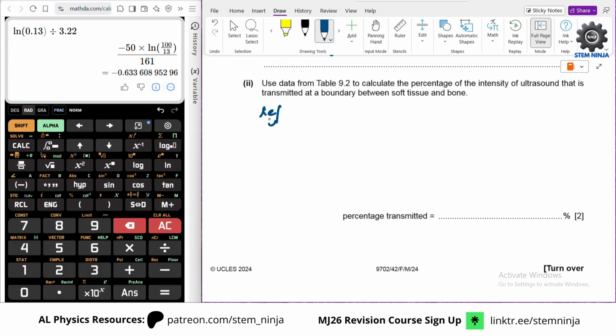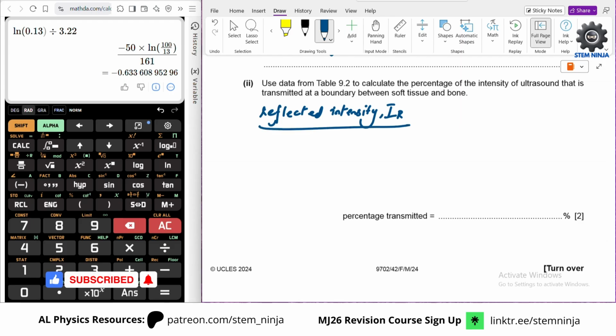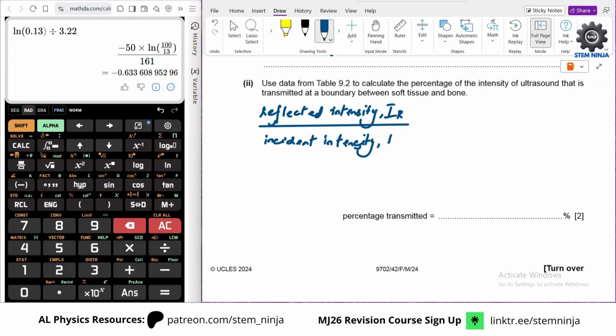So reflected intensity, let's call it IR, divided by incident intensity, I naught. We know the ratio, that is Z1 minus Z2 whole squared divided by Z1 plus Z2 whole squared.